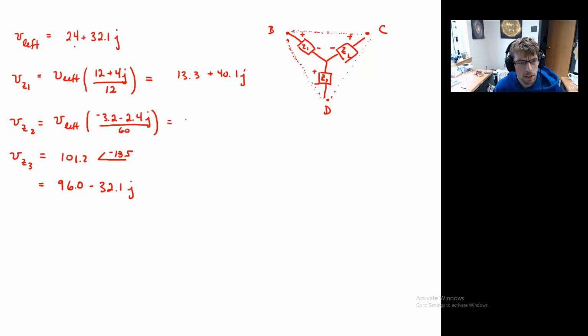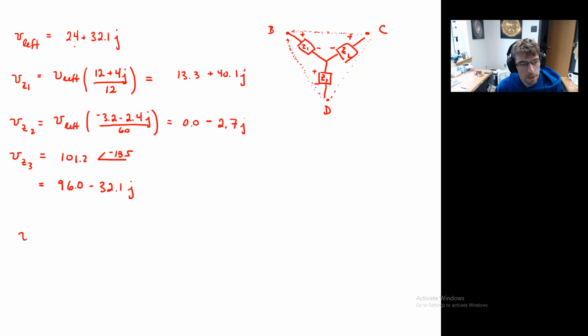I got something like 0.004, so essentially 0 to 2 decimal places, plus 2.7j. And then, of course, we have VC3. We have that one right here. Now, of course, I left it like this instead of going into the polar form because we're going to have to do some adding.